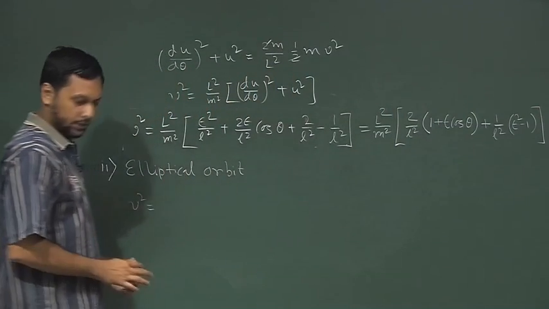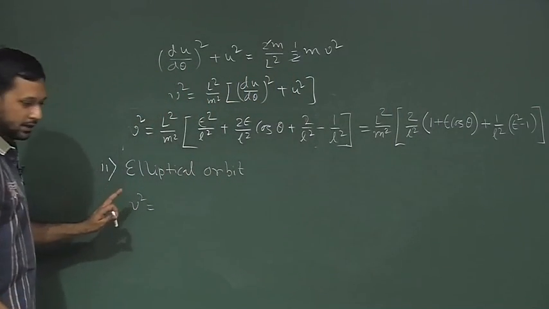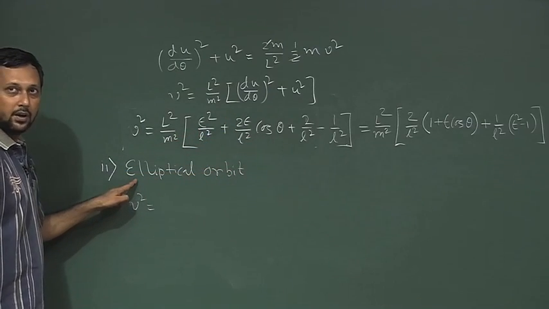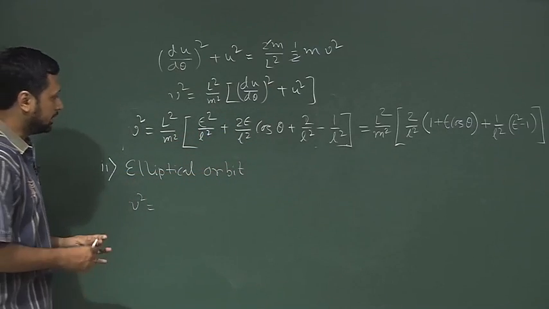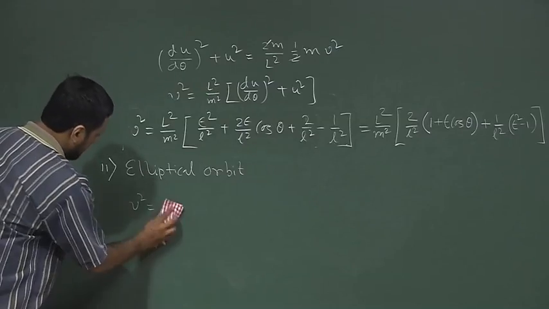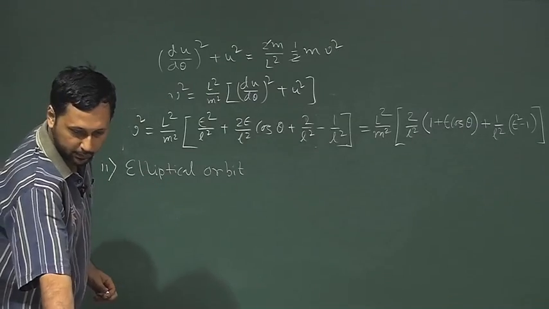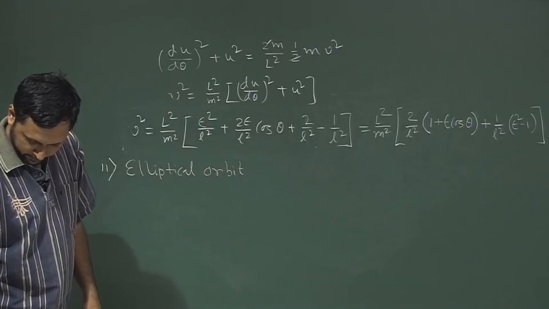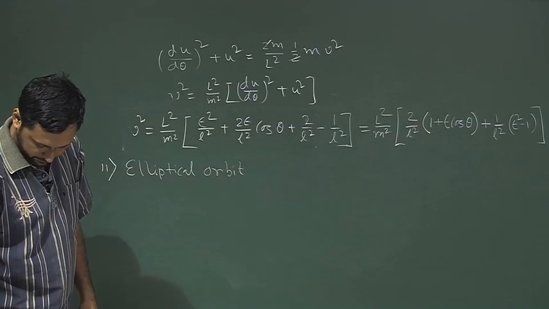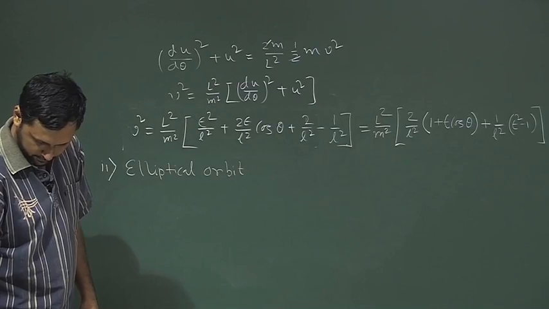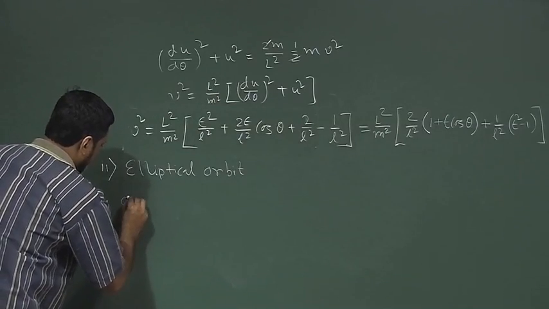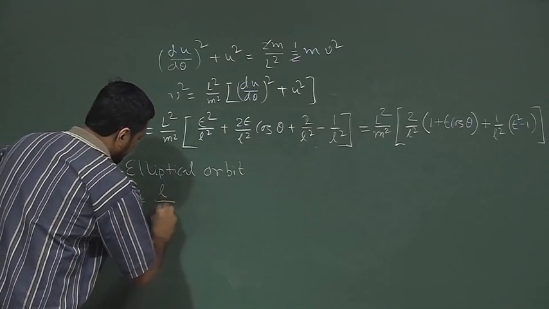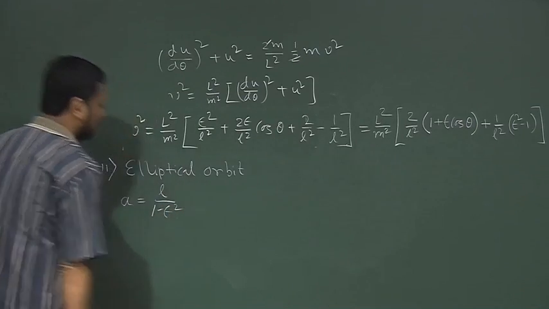Now remember that we are doing this calculation for an elliptical orbit. For an elliptical orbit, if you recall, A, the length of the semi major axis, is given by L by 1 minus epsilon square.